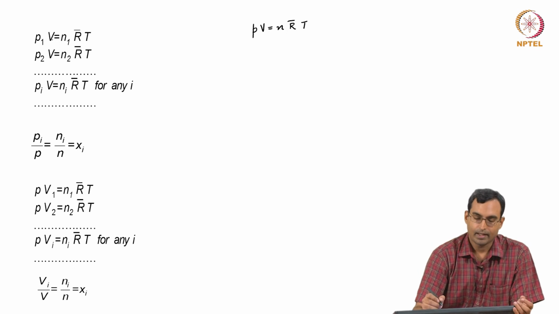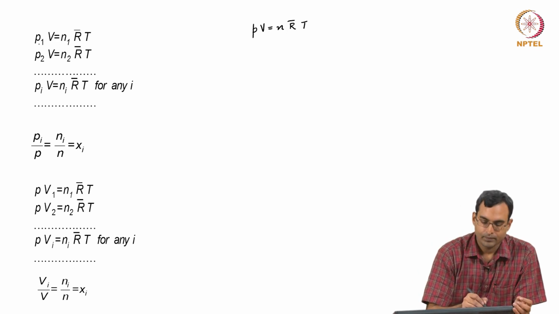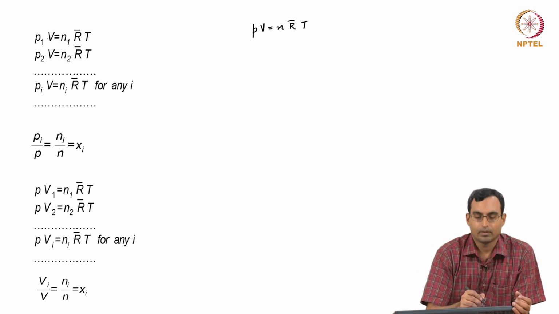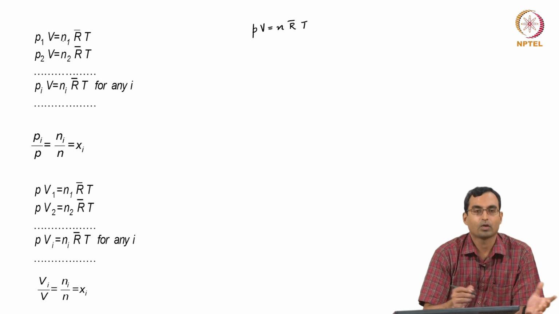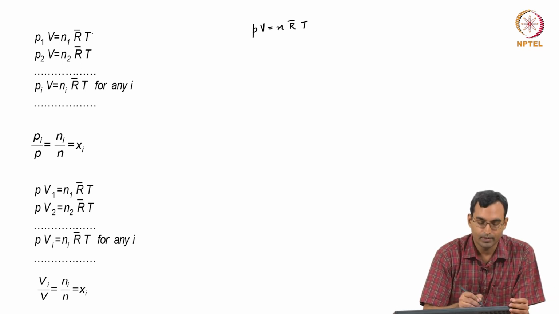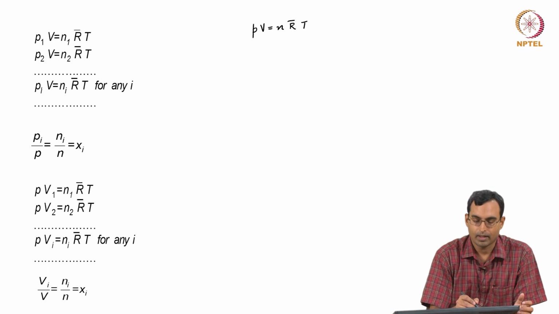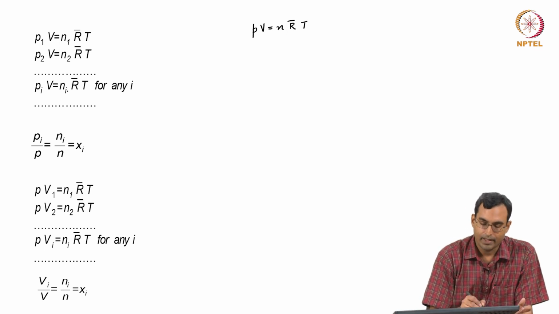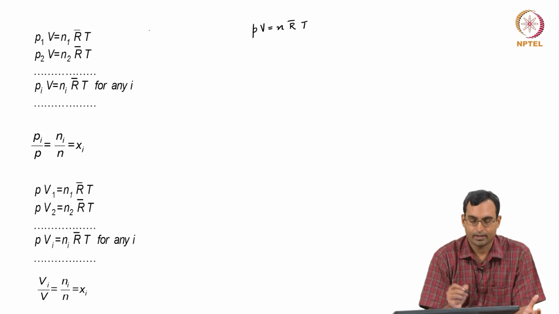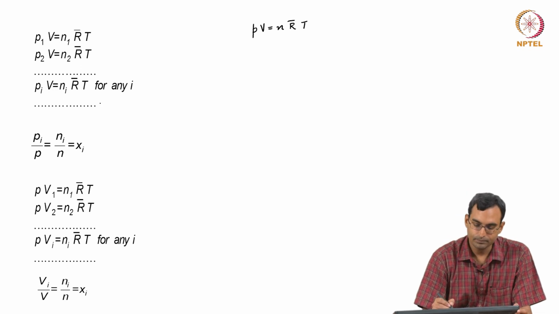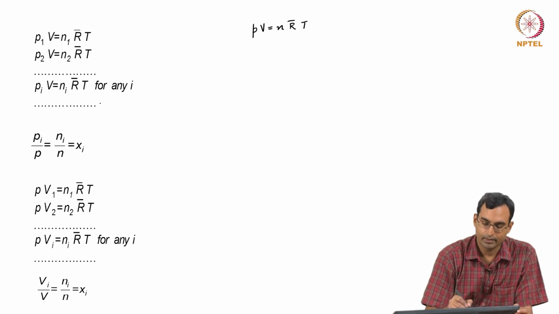So, for the ith gas according to Dalton, P1 V, because the gas has only a pressure of P1 but occupies the entire volume, equals the number of moles of that gas into R bar into T. For the second gas, it is P2 V equals N2 R bar T and so on. So, for any gas, Pi V equals Ni R bar T. So, using the Dalton model we get this.